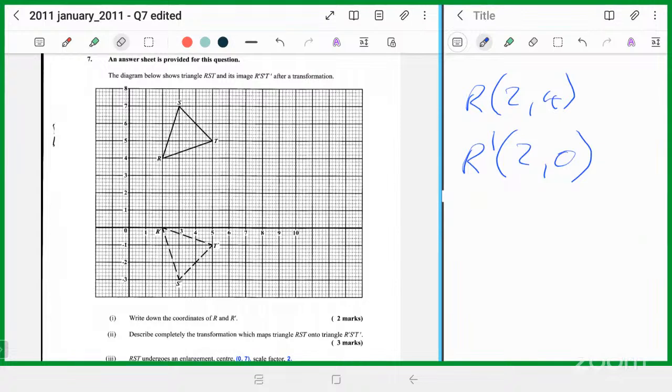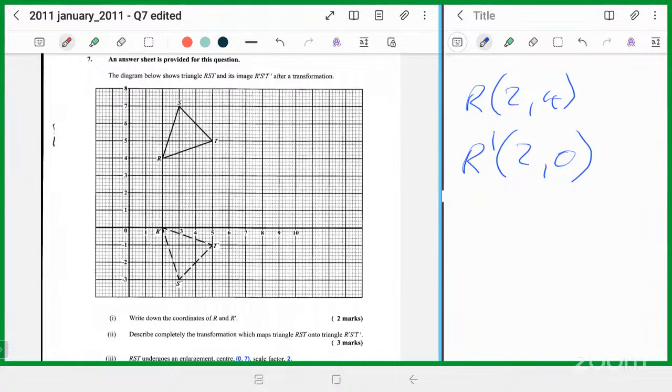It's not an enlargement, because if it was an enlargement, one would clearly be larger than the other. So it's either a reflection or a rotation. Now, a lot of pros are going to look at it and think it's a rotation.